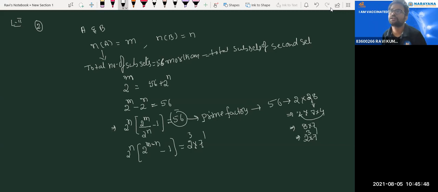Now we have to see the logic. 2 cube divided by 2 cube into, what number is there? 7 power 1 is there or not? 7 power 1 can I write as 2 cube minus 1.